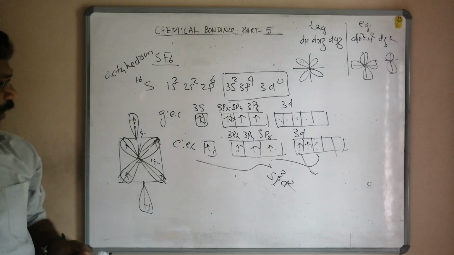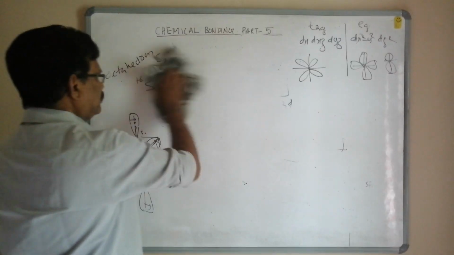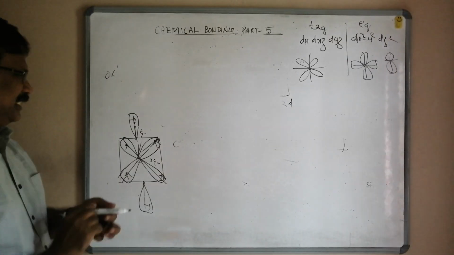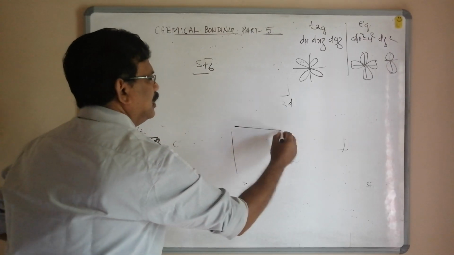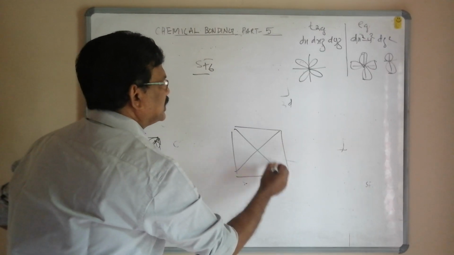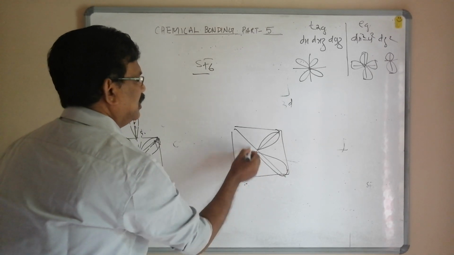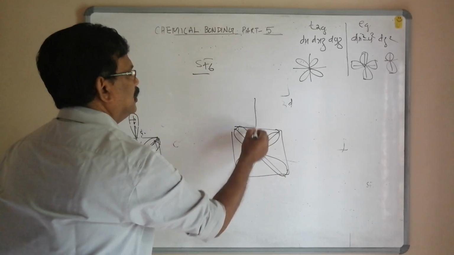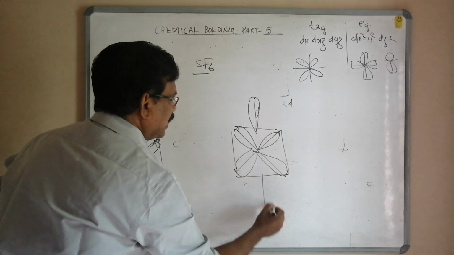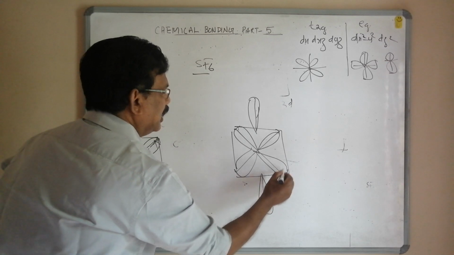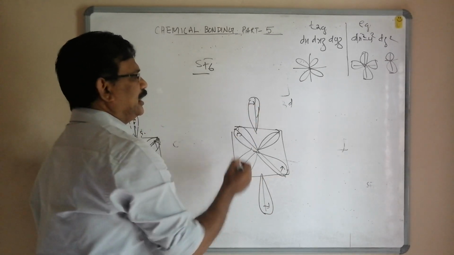Hybridization is sp3d2 hybridization. Then the incoming atom, SF6. Sulfur is ready with its 6 hybrid orbitals: 4 along the 4 corners of a square, and the remaining 2 in the axial position, bond angle 90.